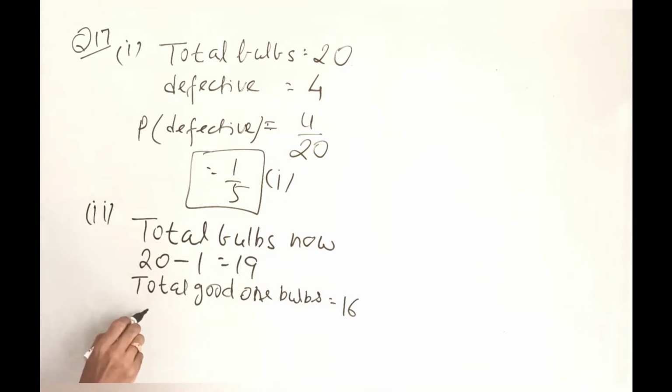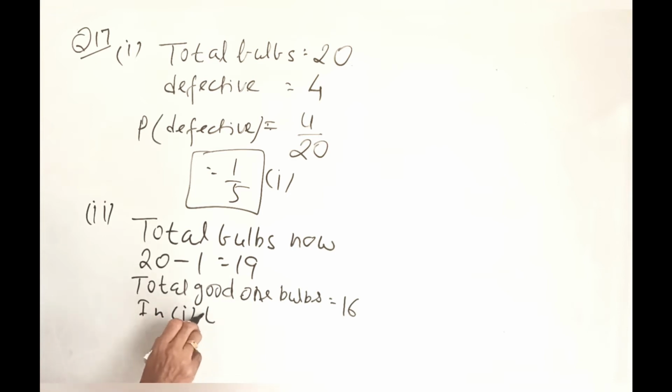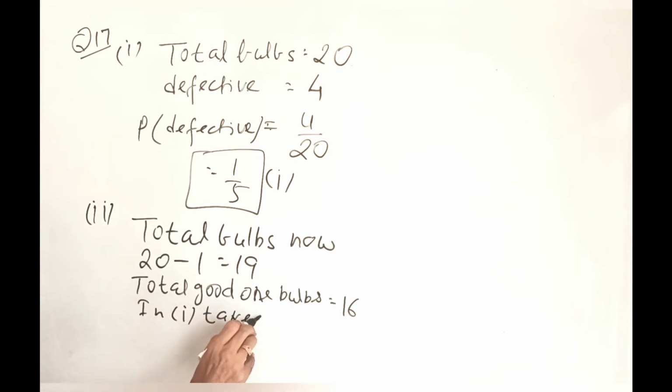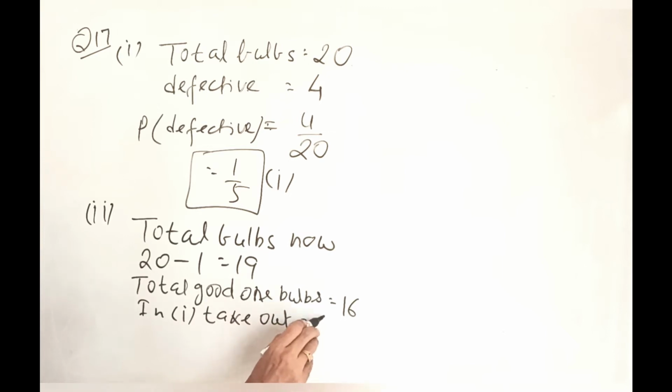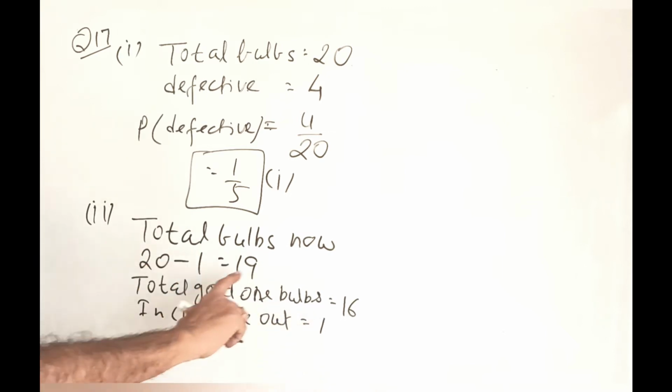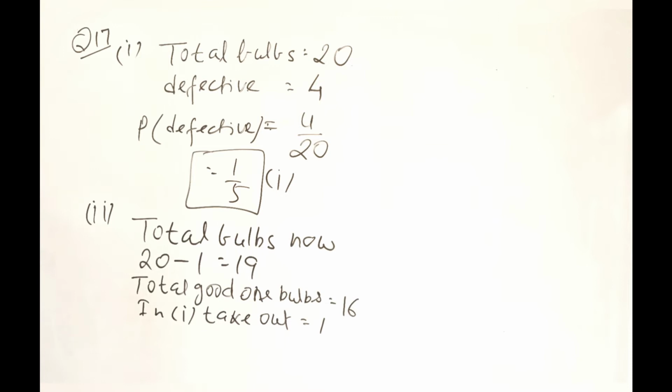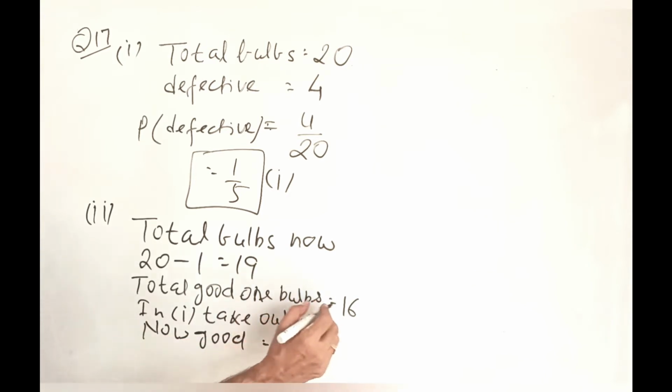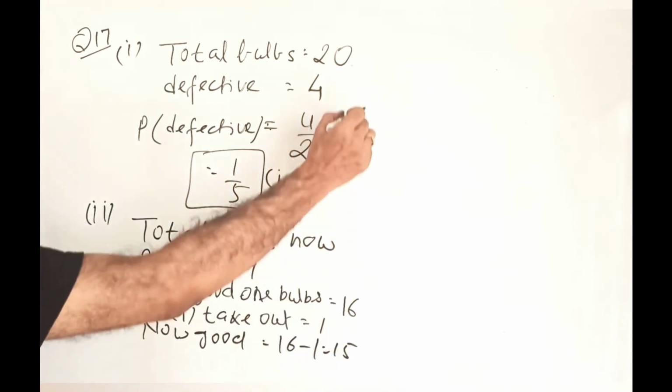But in the first part, we took out 1. So total good ones are 16, but we took out the 1. So now good bulbs are 16 minus 1, which means 15.